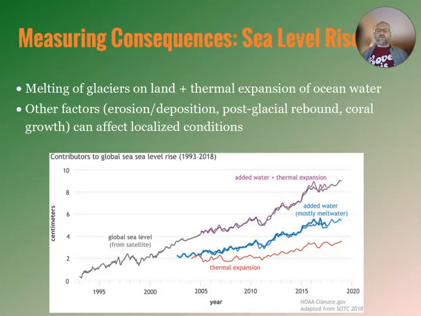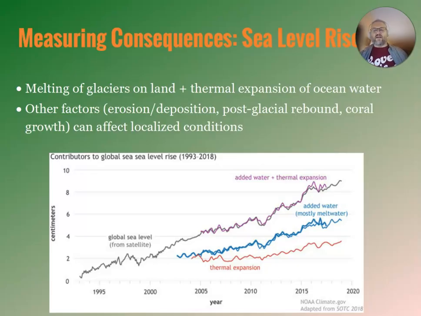Our satellites know exactly where they are in their orbits, so they can bounce a signal off the Earth to measure exactly how far away the Earth's surface is, and to a very fine degree, they can measure whether the surface of the Earth, including the ocean surface, is rising or falling. And so we can see that sea level is on an upward trend.